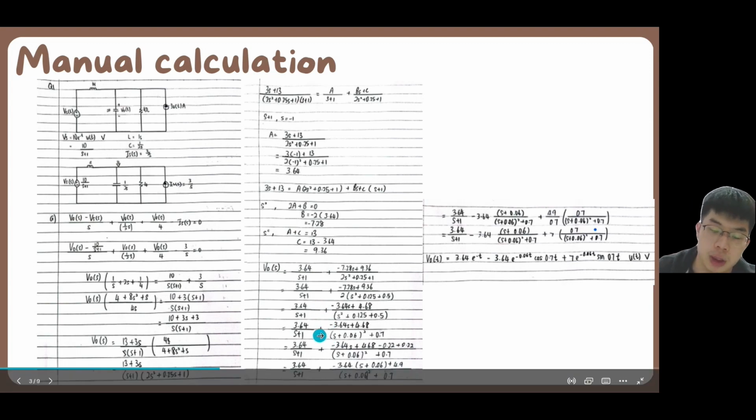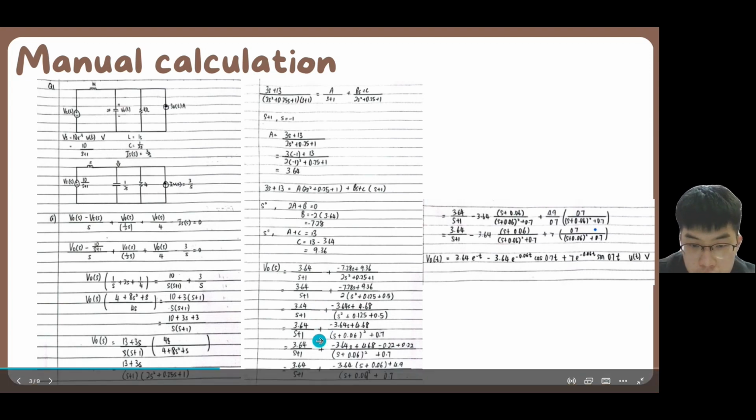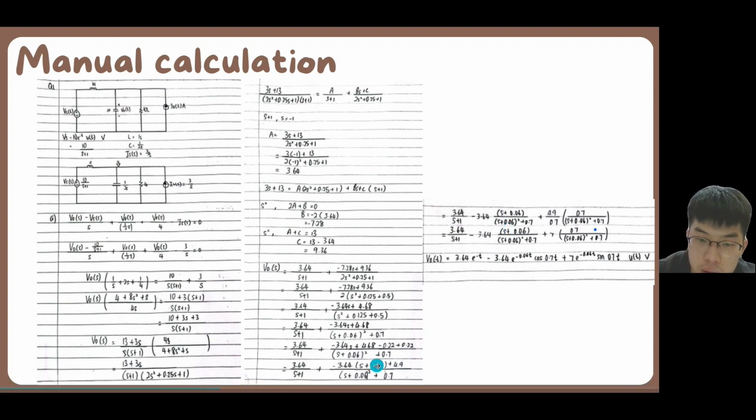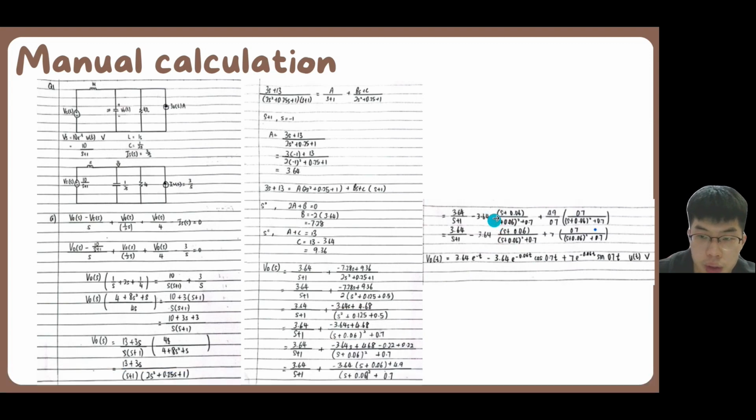And for the part here, we are using A power of 2 plus 2AB plus B power of 2. So we get this S plus 0.6, this answer. So for the cos, if we are using cos, the S plus 0.06 we need to be the same.